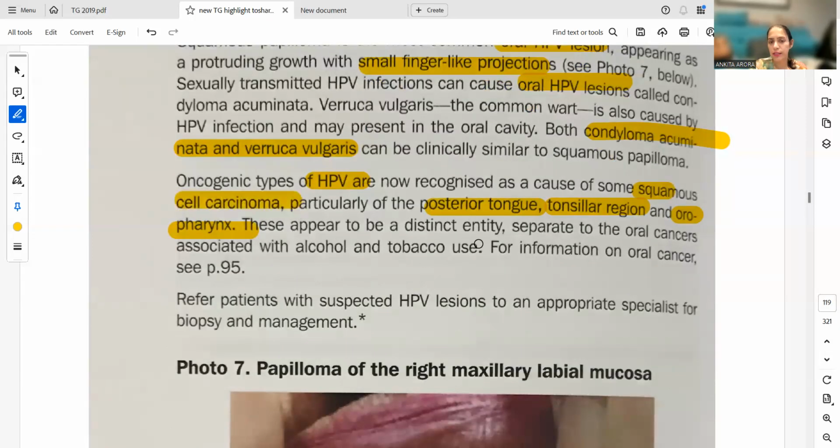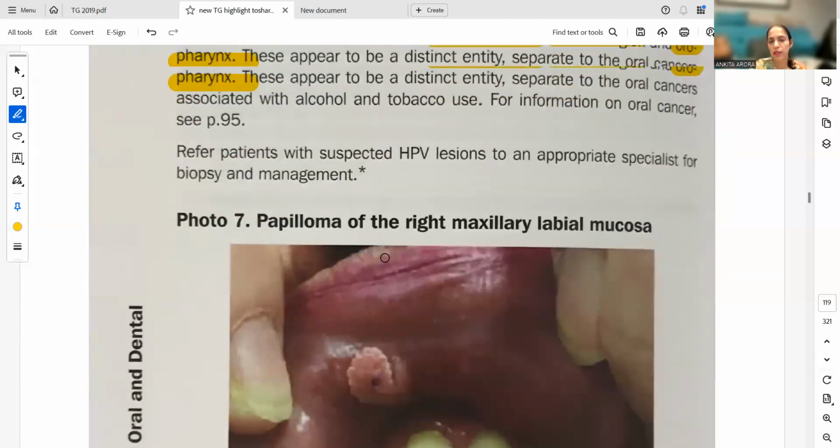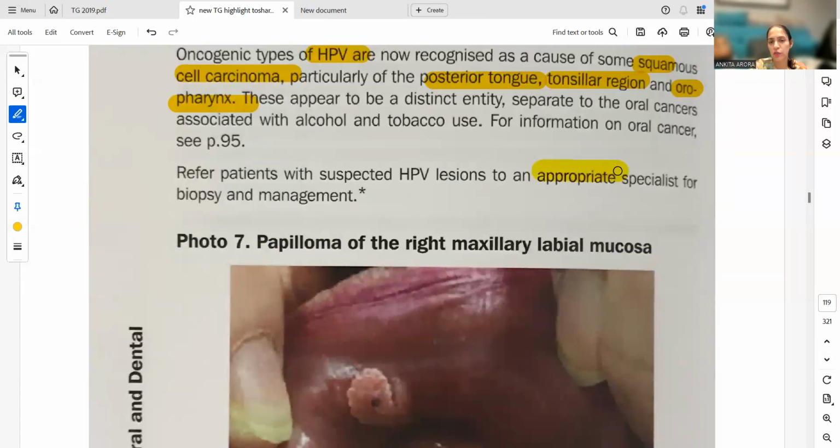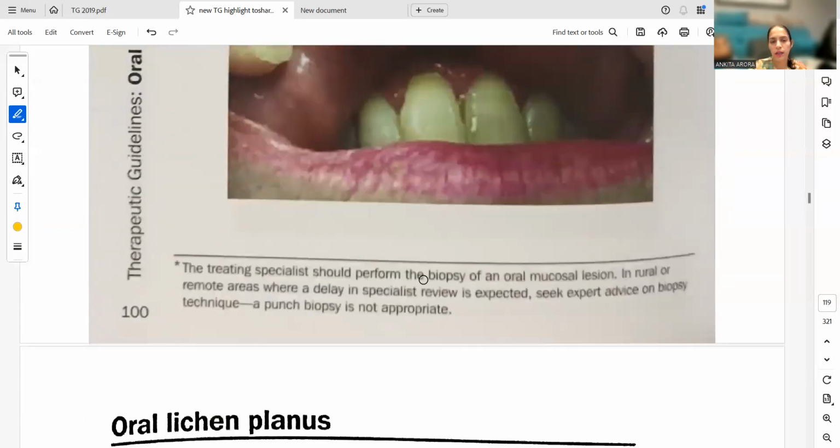They appear to be distinct entities separate to the oral cancers associated with alcohol and tobacco use. So, refer patients with suspected HPV lesions to an appropriate specialist for biopsy and management. Specialist referral is actually needed for biopsy here too. This is how the papilloma looks, finger-like, wart-like appearance.